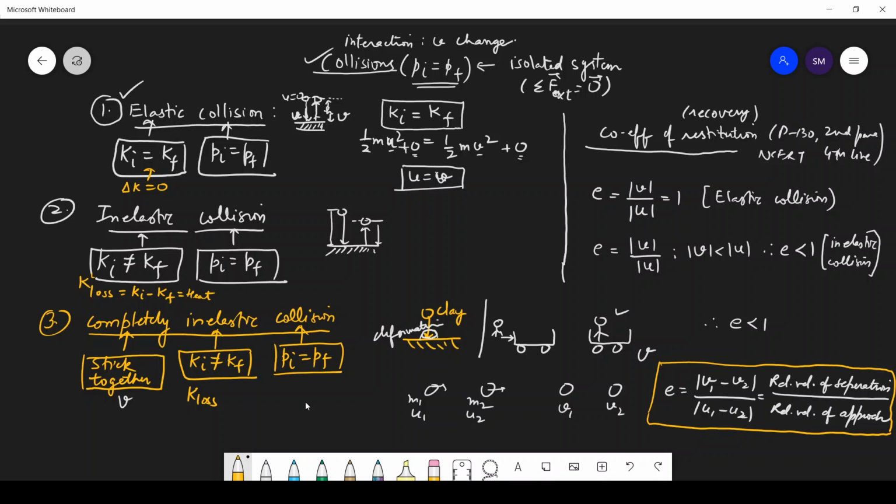Now let us do some simple questions from your NCERT based on this concept. Open your NCERT, page number 135.